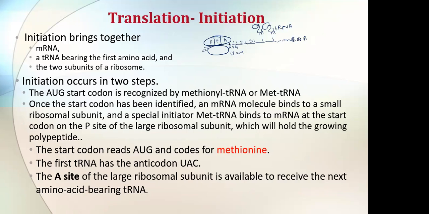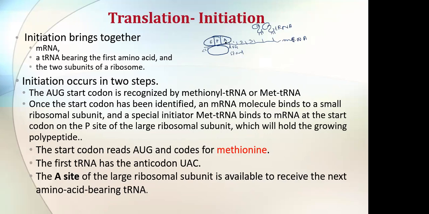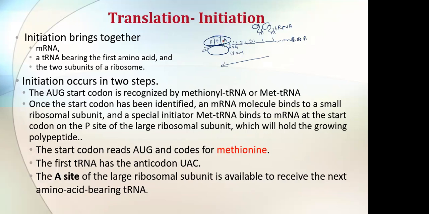So that start codon area will come and sit at the A site. Once that AUG comes over here, the messenger RNA moves from this side to this side. Now over here, that start codon sits over here.